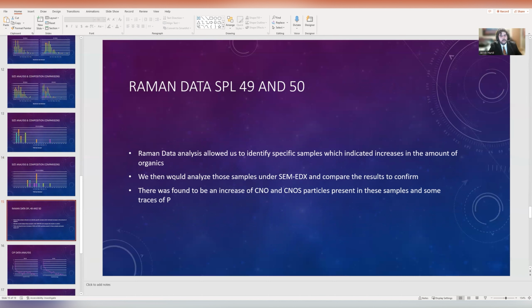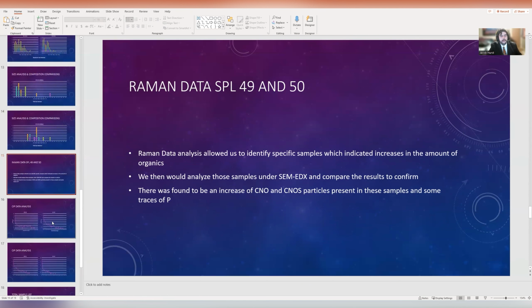We analyzed those samples under SEM-EDX and compared them to the results to confirm that there were higher organics present. And we did find an increase in CNO and CNOS particles in these samples compared to some of the other ones we've been looking at. These were also pulling up quite a bit of phosphorus, which we found to be kind of unique as well.